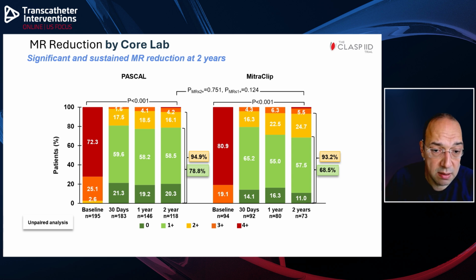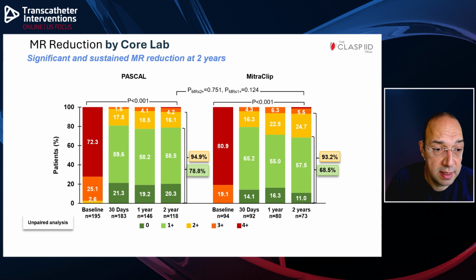But even if we take the bar higher and look at MR of 1+ or less, that was achieved at a high rate, 78% with the Pascal and 68% with the MitraClip. And again, the study was not powered to look at which device is superior. This is a non-inferiority trial, and it was not designed for superiority.